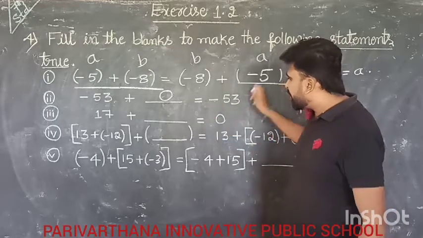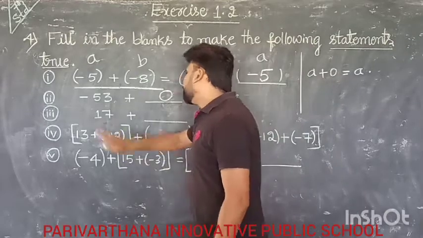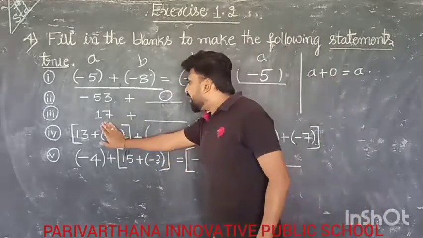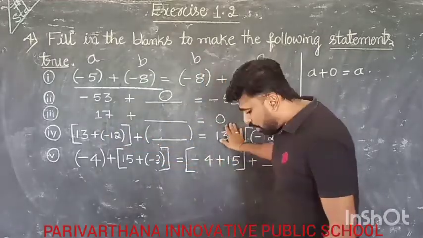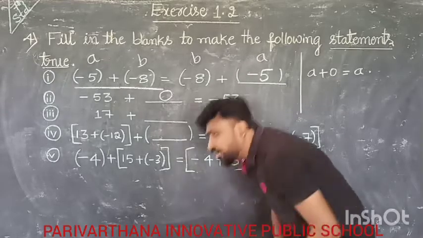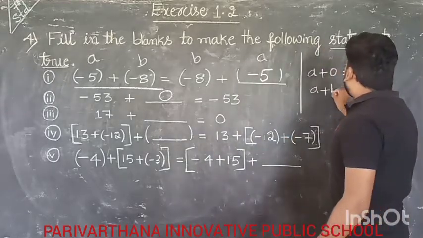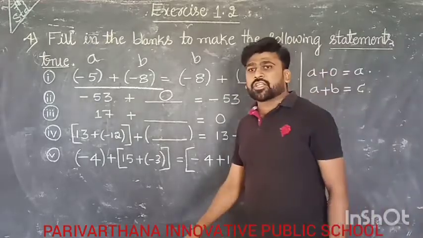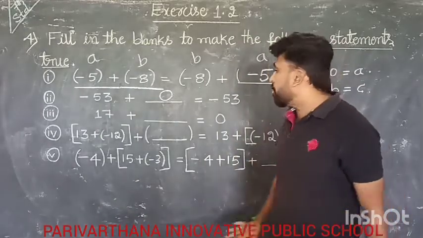Now this statement is true. Now come to the third one. 17 plus dash is equal to 0. Now the answer is equal to 0. That means A plus B is equal to C. This is nothing but closure property. Clearly it is a closure property.